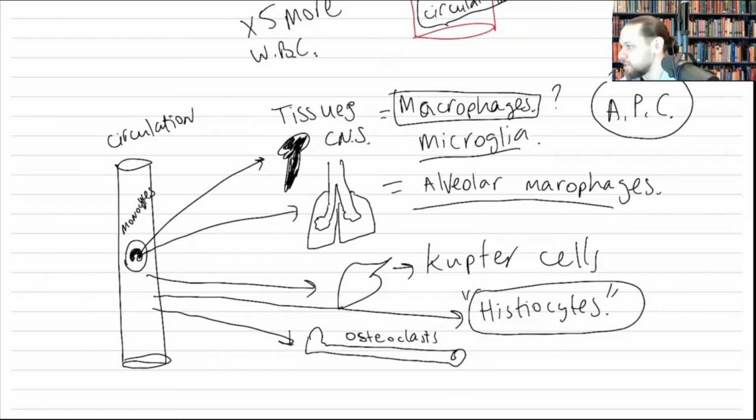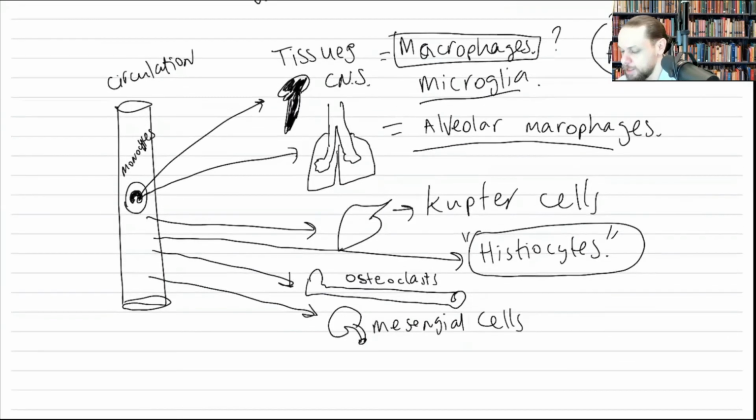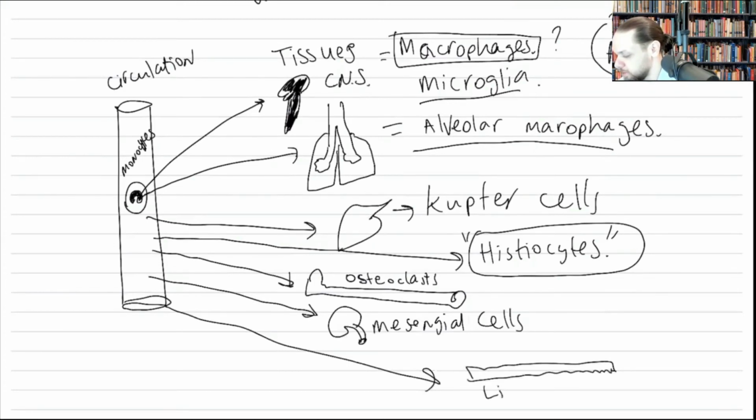So some other cells: in the kidneys, I think they're called mesangial cells. And then I think in your skin, they're called Langerhans cells.